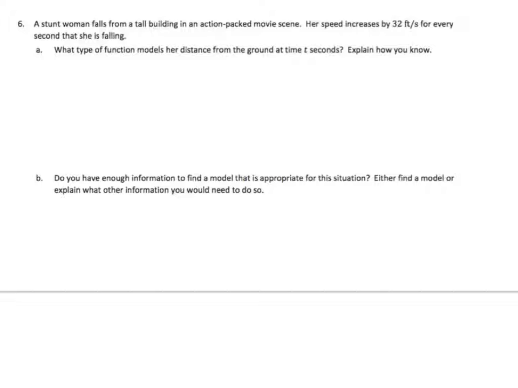Thus, we model it with a quadratic function, right? I know that's sort of hard, but that's that second difference thing. For every second she's falling, her speed increases by 32 feet per second. So her rate of increase is linear, even though she is increasing. So that is our quadratic function.